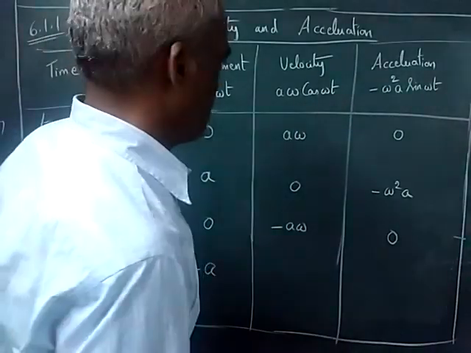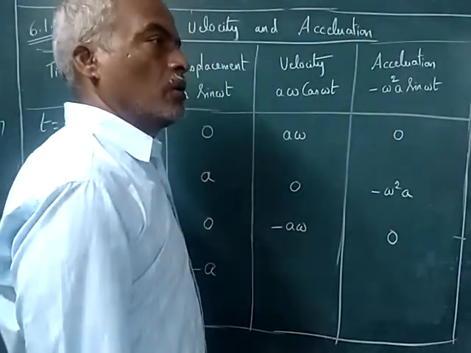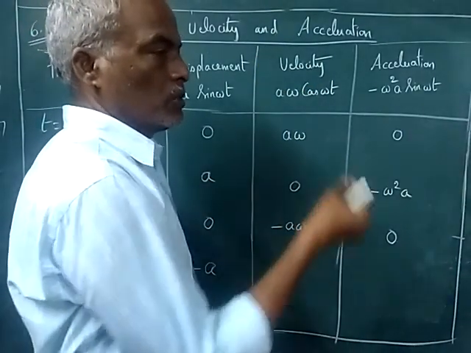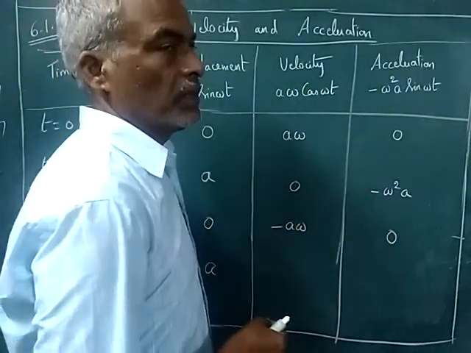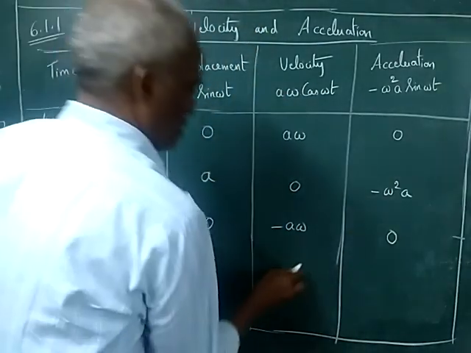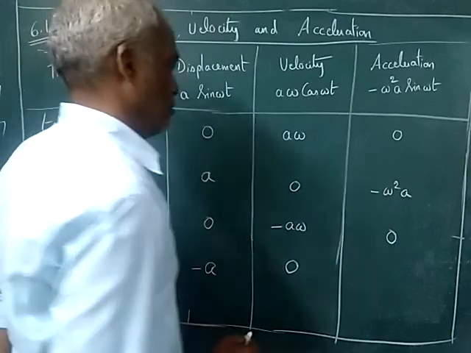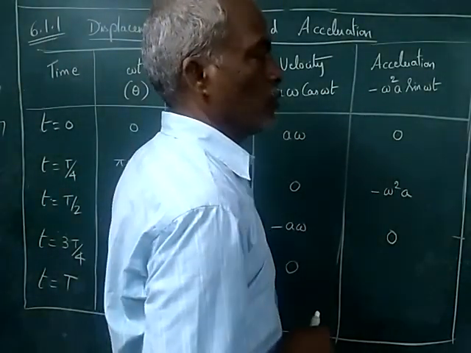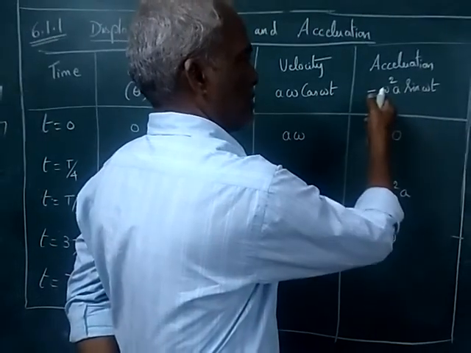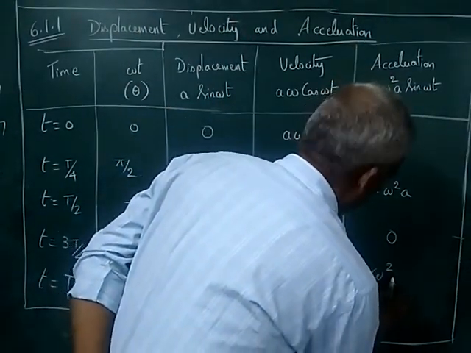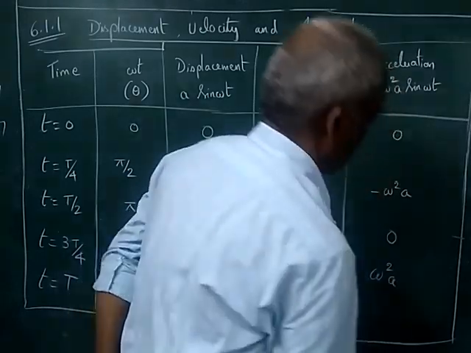Now cos 270. Cos 0 is 1, cos 90 is 0, cos 180 is minus 1, cos 270 is 0. So 0 multiplied by anything is 0. Then sin 270 is minus 1, minus into minus will become plus. So this value will become omega square a.